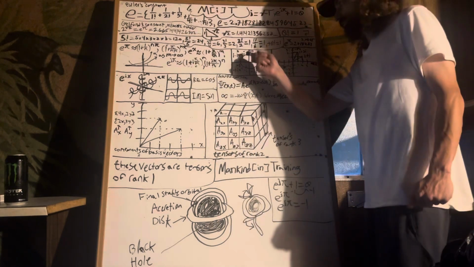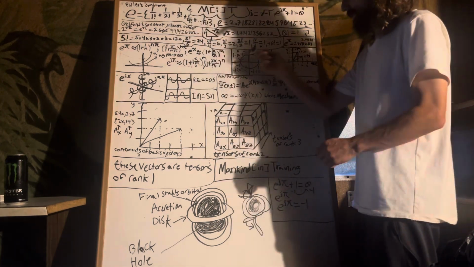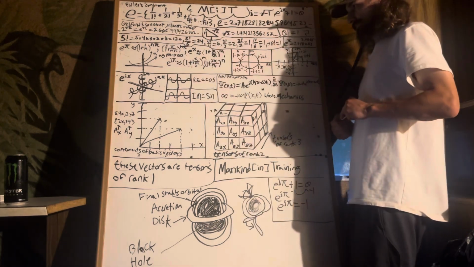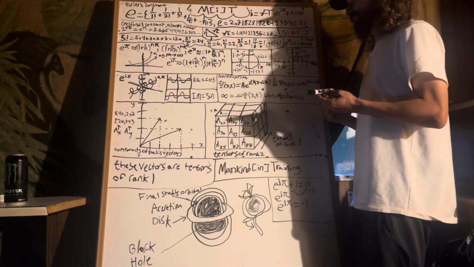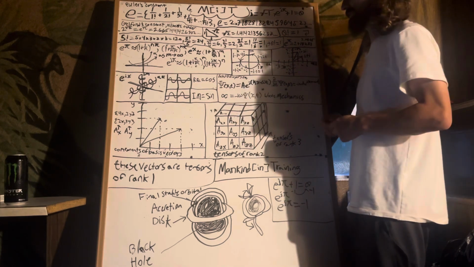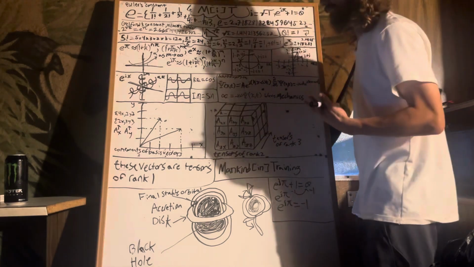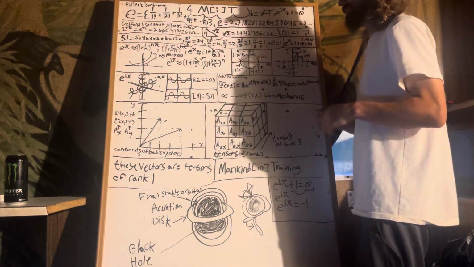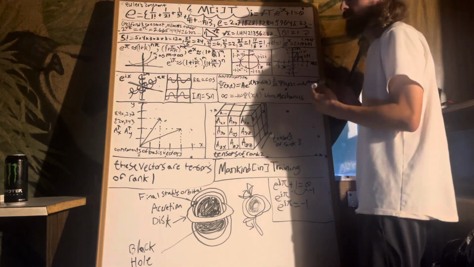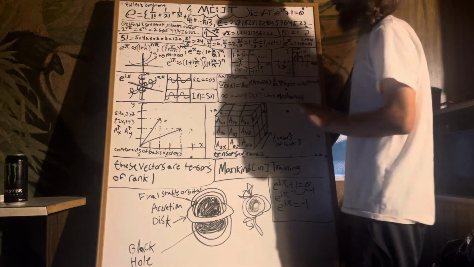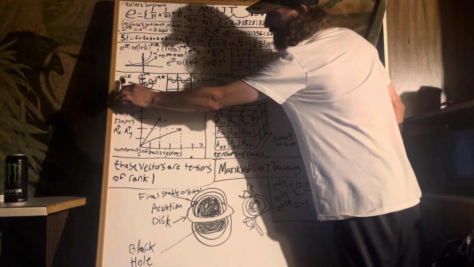So here we have this unit circle, like I was saying earlier. If you take a function that continuously multiplies by i, you get e to the ix.